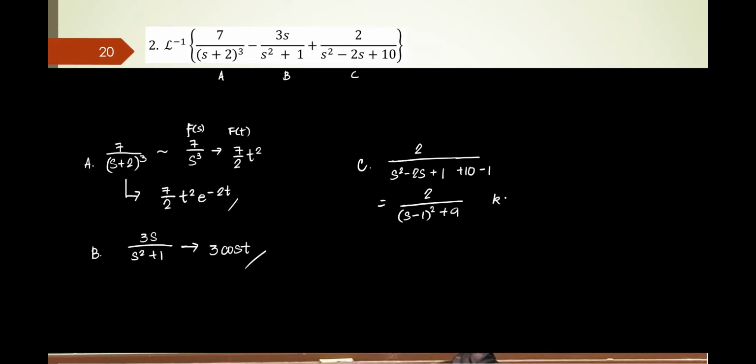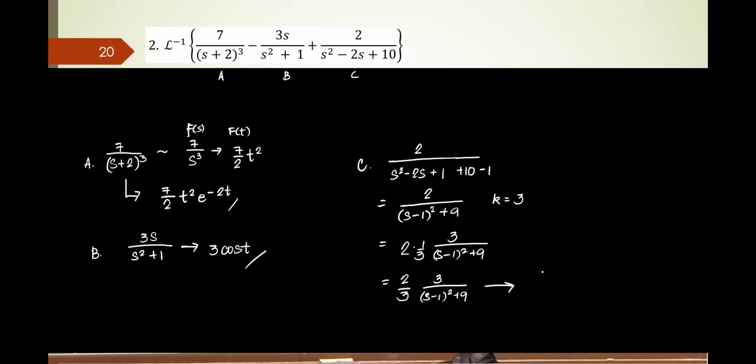Your k, what is k, guys? 3. So that means the one on top, I don't need that. I can bring it out. I need a 3 over s minus 1 squared plus 9. But since I supplied a 3, I need to bring out 1/3. So this one is 2/3 times 3 over s minus 1 squared plus 9.